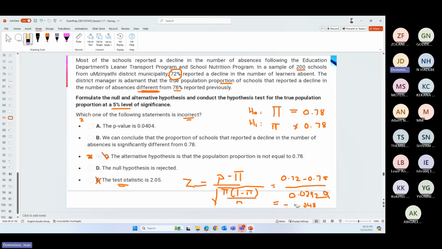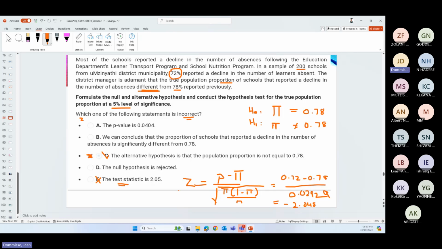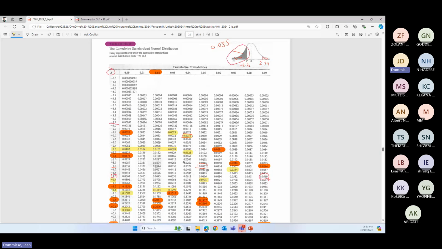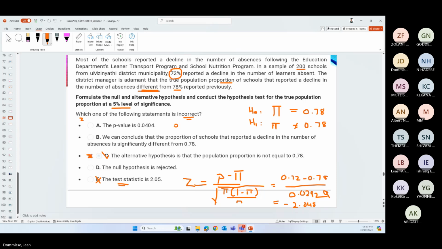So your t-stat is still wrong, because it must be negative and not positive. But at least now we're looking at minus 2.05. Minus 2.05 is 0.0202, but because it is a two-tail test, we multiply by 2.